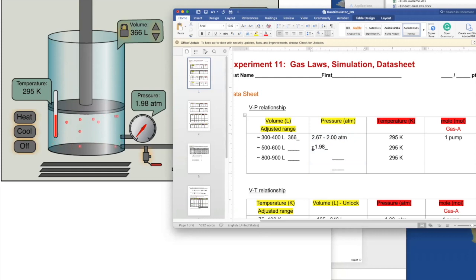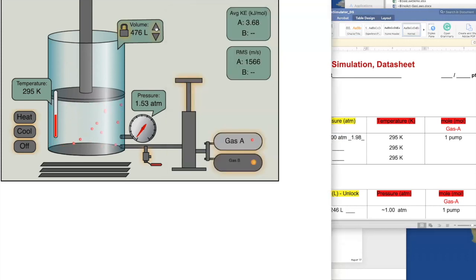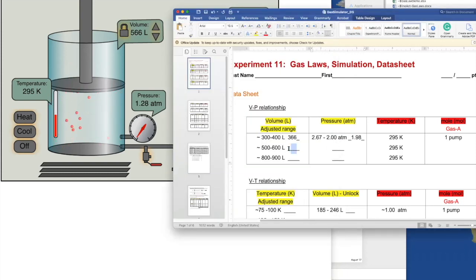And that's all you're doing in this first module. Now we're changing the volume to 500 to 600. So that'll be 566. You're just typing this in.